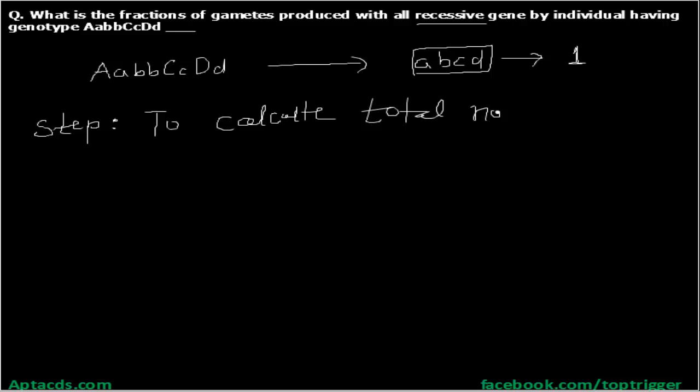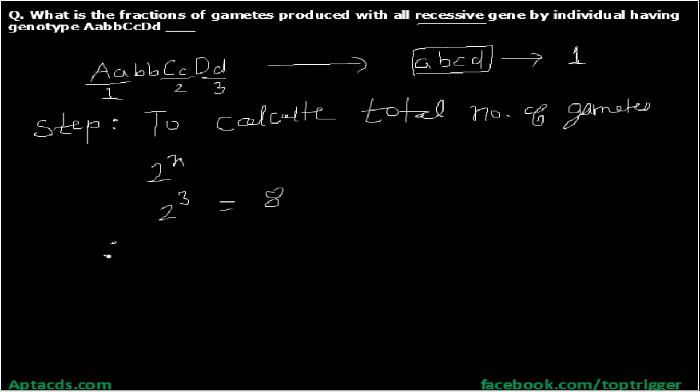Total number of gametes. Here again we will apply the same formula we have learned in the previous slides, that is 2 to the power n. So here also the number of heterozygotes will be 1, 2 and this is the third one. Keeping the value, 2 to the power 3, we get 8.